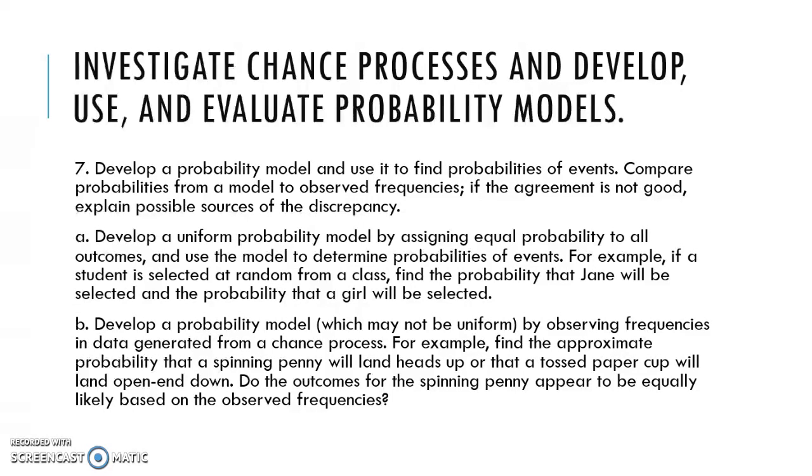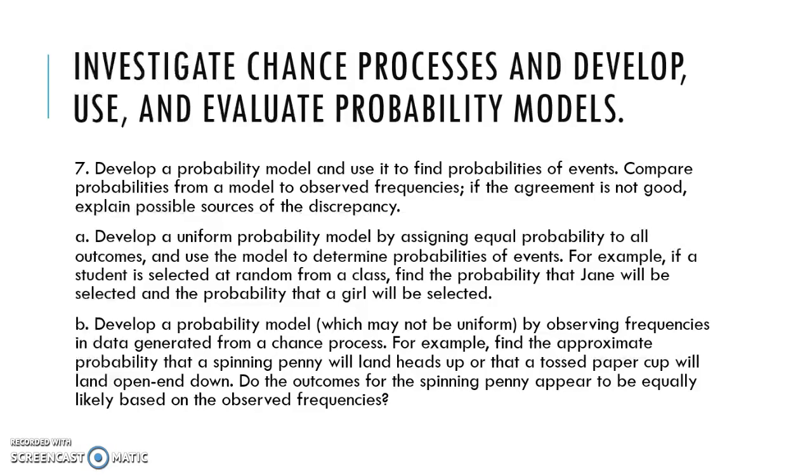And once there is a strong connection between observed frequency and the theoretical probability, you can start moving more in the theoretical direction and start simulating probability experiments with technology rather than doing physical experiments.